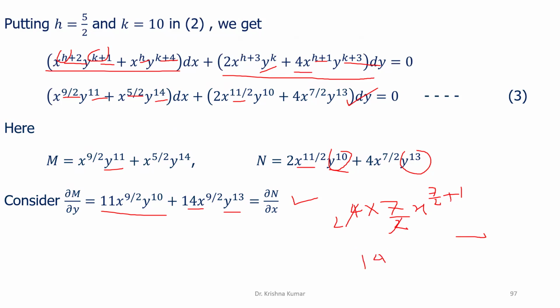This is 9/2, x to the power 9/2 minus 1, right? So this is 14 into 9/2 multiplied by x to the power 7/2.